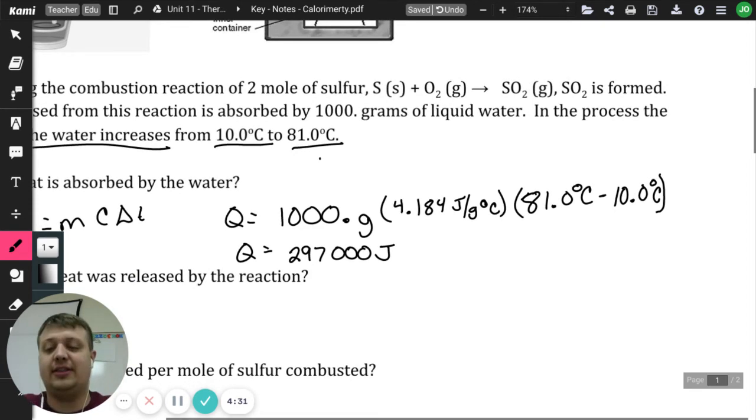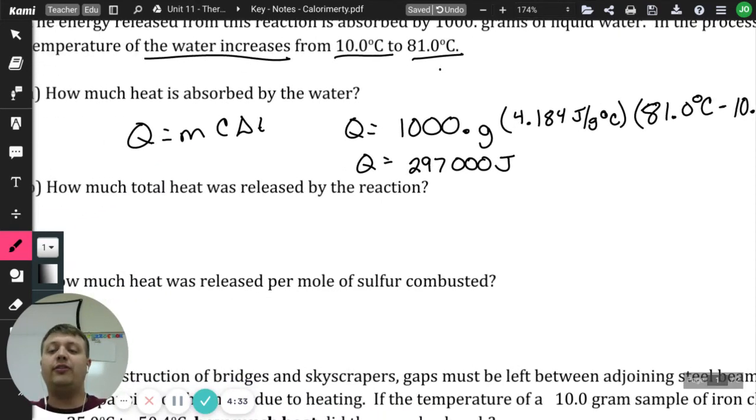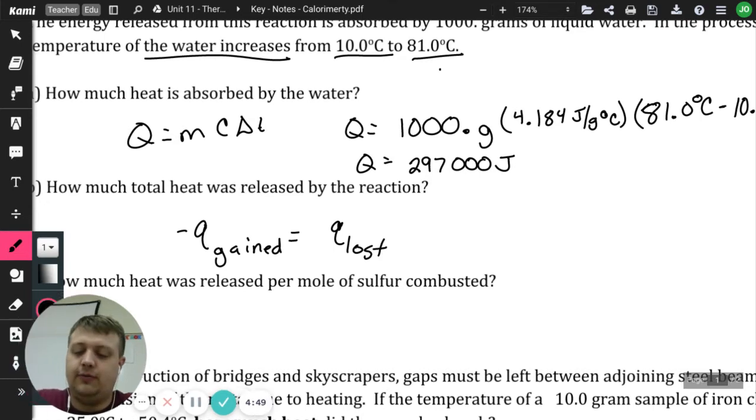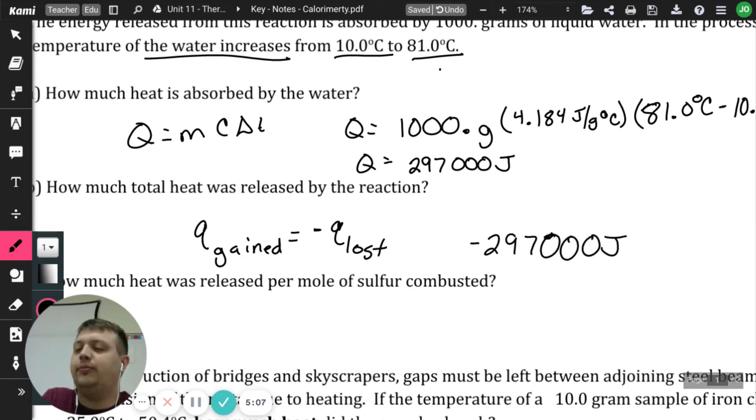So the water absorbed 297,000 joules. Then what is the total amount of heat released in the reaction? Well, remember that my heat gained equals my heat lost. Heat gained would be positive, and heat lost would be negative. So if my heat gained was 297,000, then my heat lost is negative 297,000 joules.